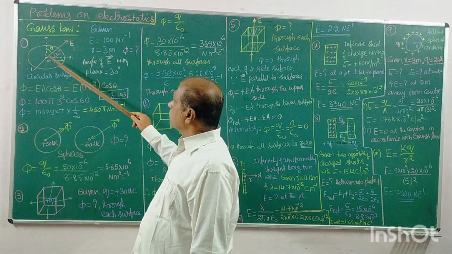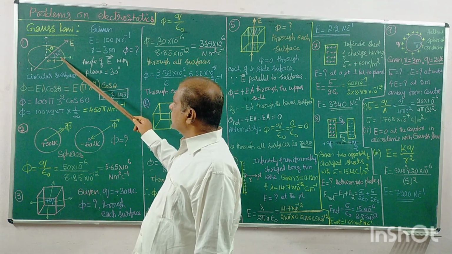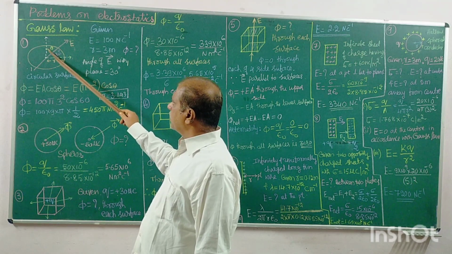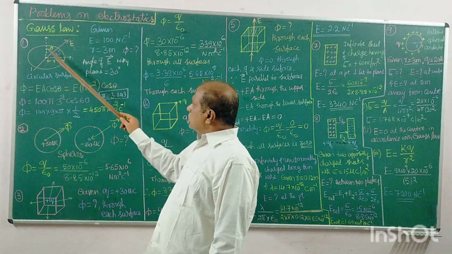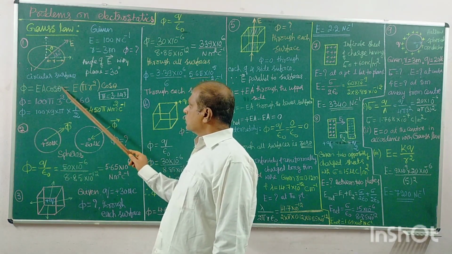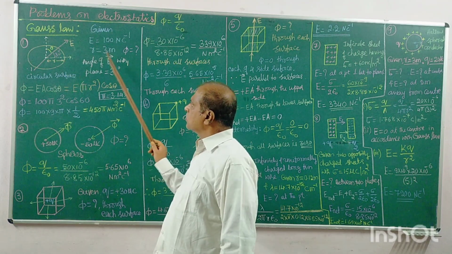That is not given, but the angle between the electric field and the surface is given, 30 degrees. If you know this, it can be calculated because the total angle is 90 degrees. So this angle theta must be 60 degrees.